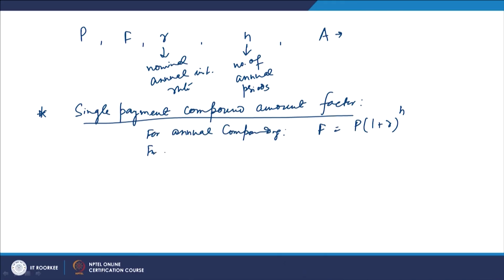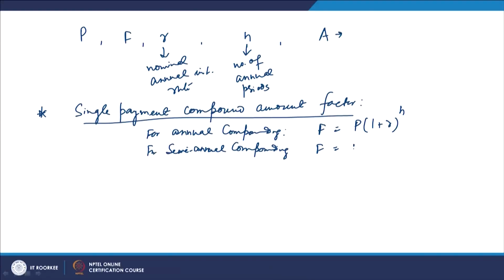If it is for semi-annual compounding, then we have seen that your interest becomes r by 2, so 1 plus r by m and then raised to the power m times n. If you are doing it 2 times, then F will be P into (1 plus r by 2) raised to the power 2n, because your time period is 1 and this is becoming 2. So, that is how it is r by 2 and raised to the power 2n.